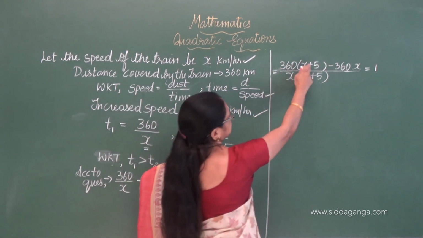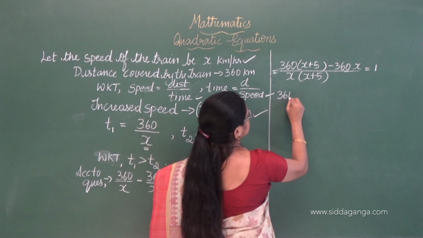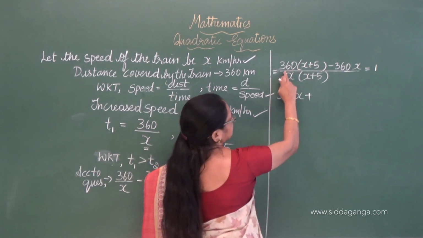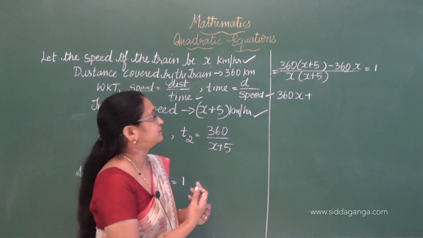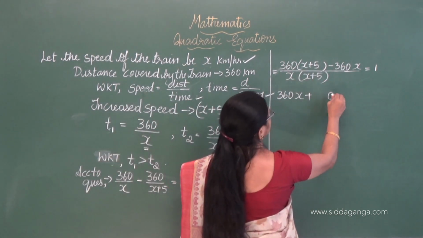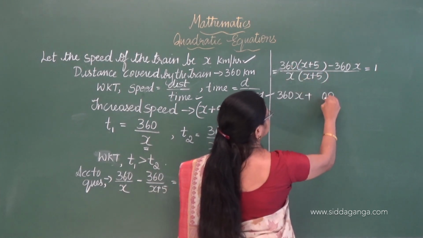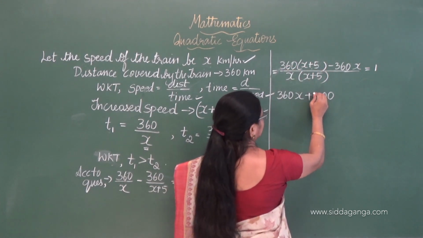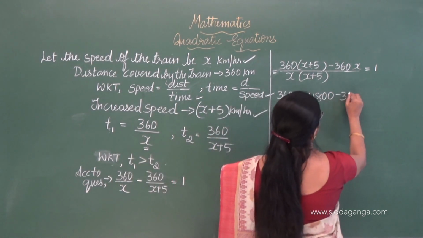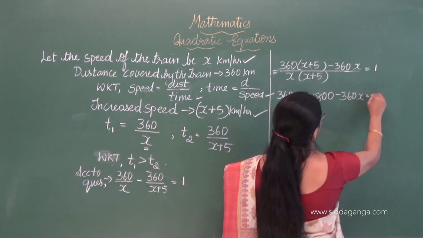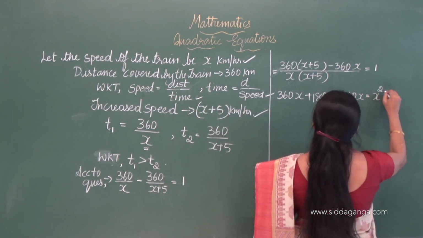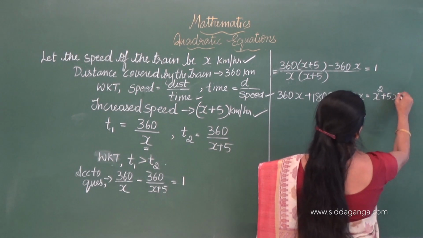360 into 360x plus, I am multiplying 360 into x plus 5, then 360 into 5, that is 1800, minus 360x is equal to, now when you cross multiply, this will become x square plus 5x.